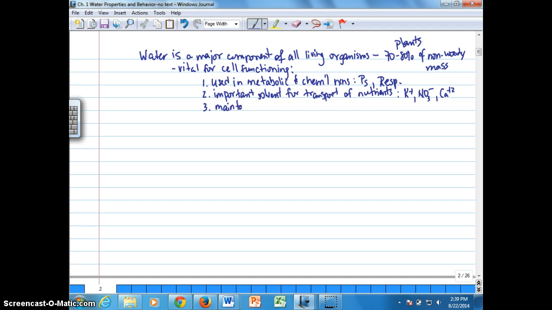And then we've got also the importance of maintaining, or basically it helps the plant to maintain the structure of non-woody parts, such as leaves. And we refer to that as turgidity.